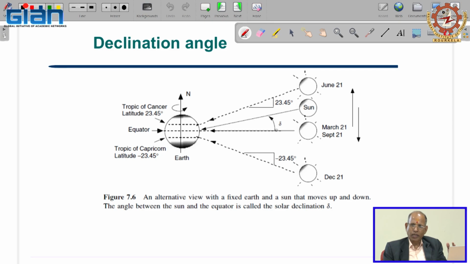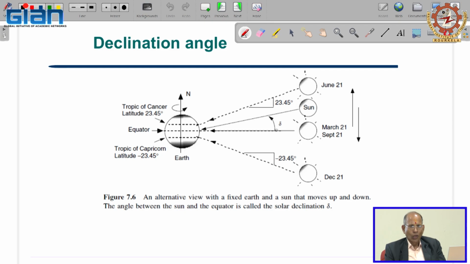That is what we study in science. Now here, assuming one is stationary and one is moving, you can consider that Earth is stationary and Sun is doing the movement, just for your reference so that it becomes easy to analyze. In science, we can assume anything, no harm in that.